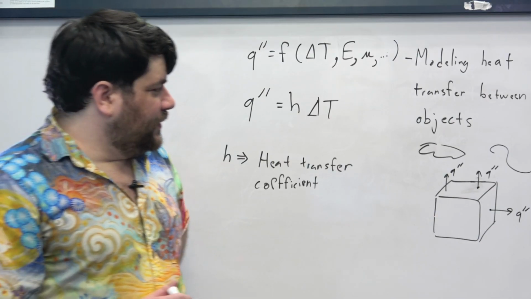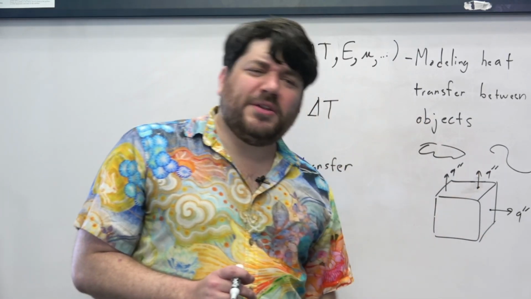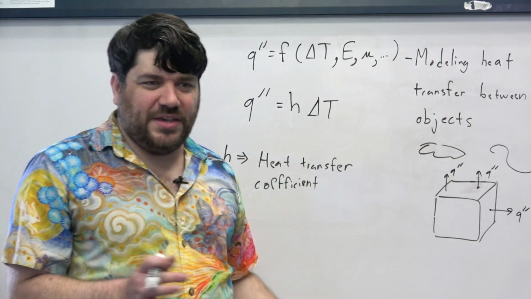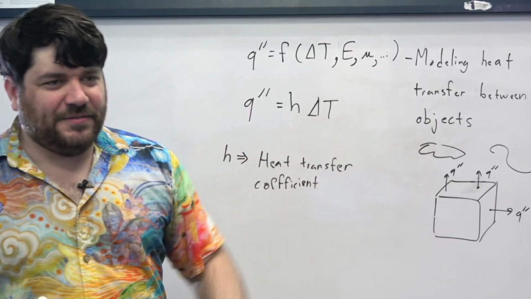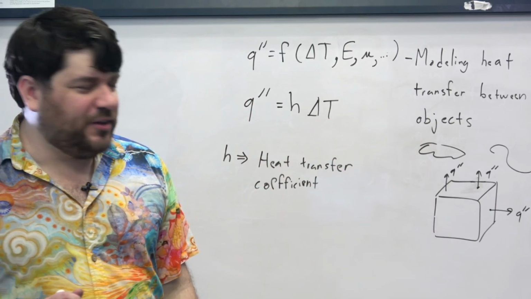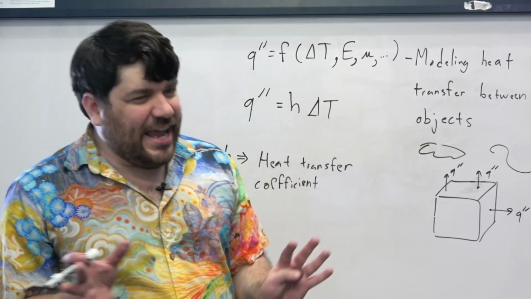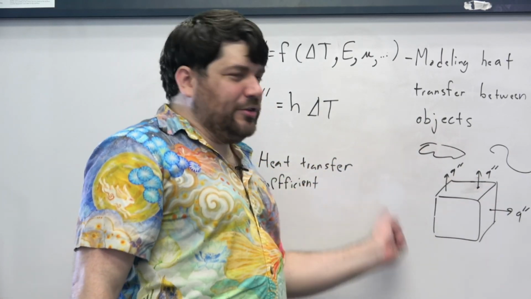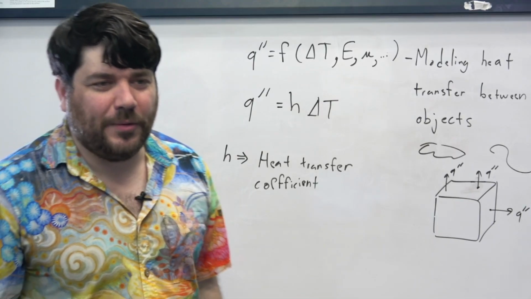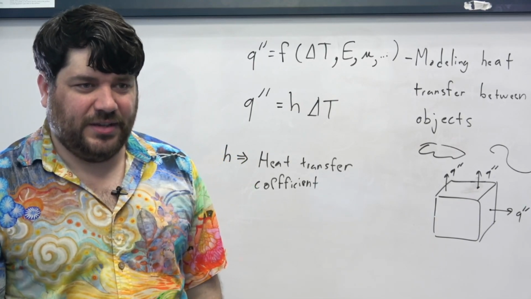And then we can also define some arbitrary uniform temperature for the environment, right? So we can say that the air is at 23 degrees Celsius, and then we make this very ad hoc, again technically incorrect, assumption that the air surrounding this object is just at this uniform temperature of 23 degrees Celsius.